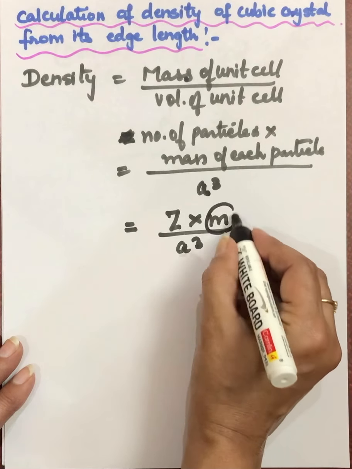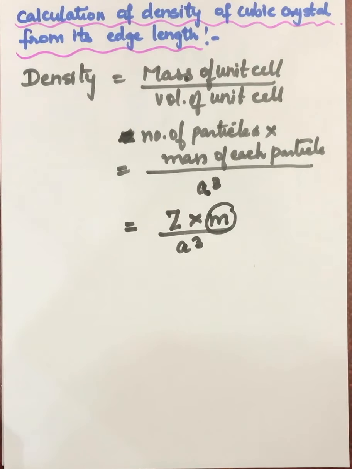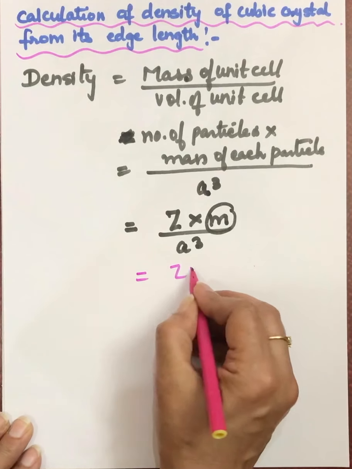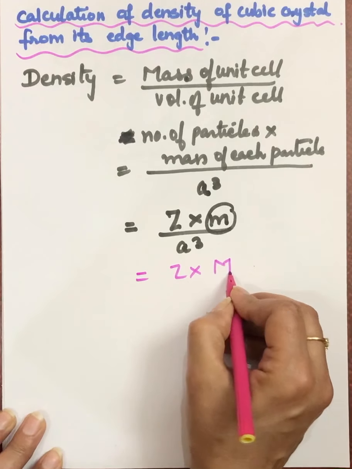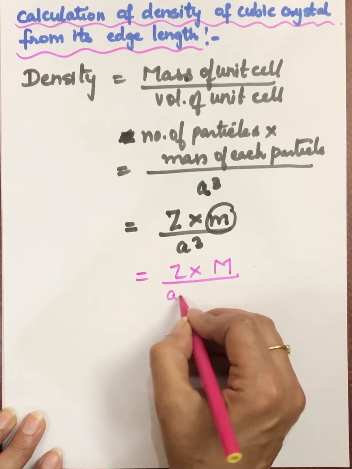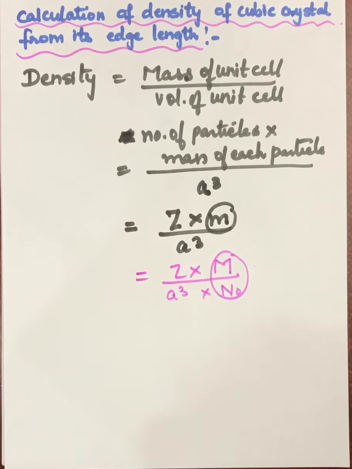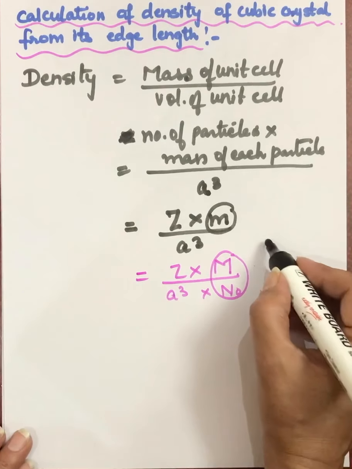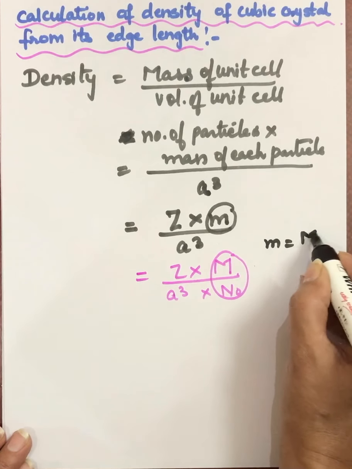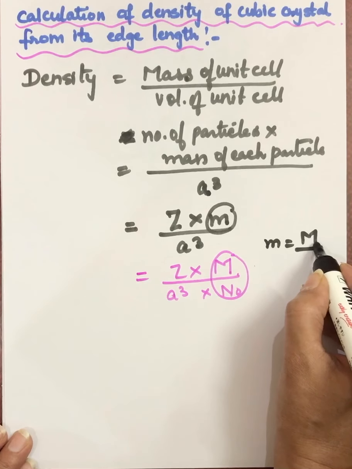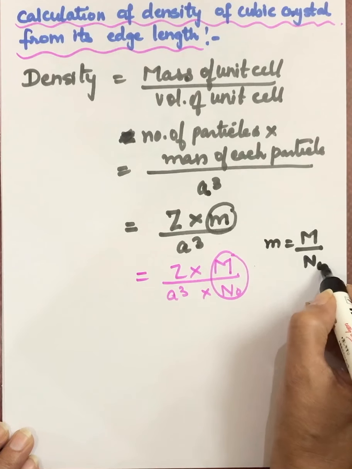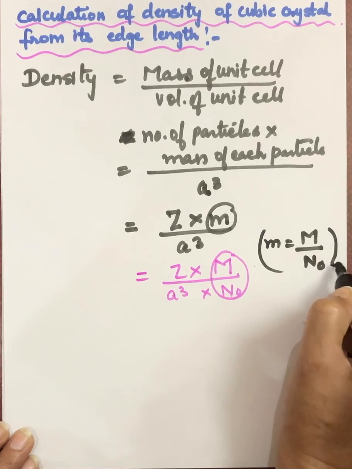Now mass of the particle, this is equal to atomic or molecular mass upon Avogadro number. M is equal to atomic mass in case of elements, molecular mass in case of compounds upon Avogadro number.